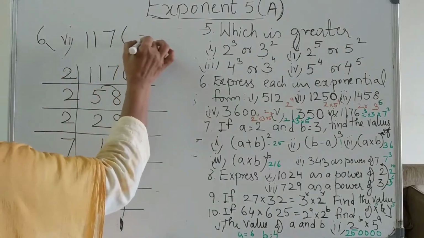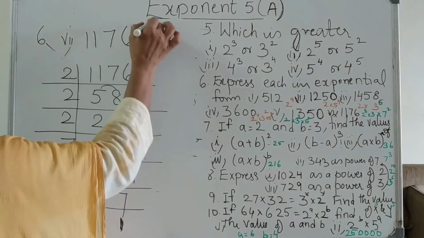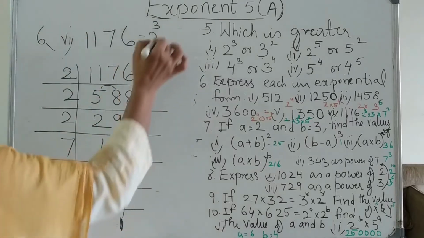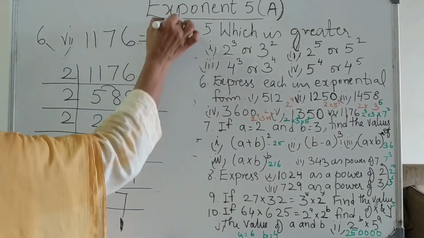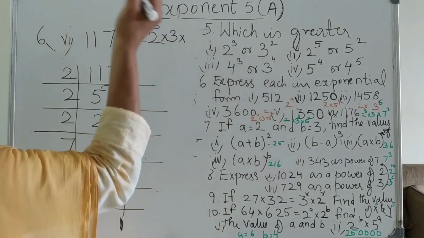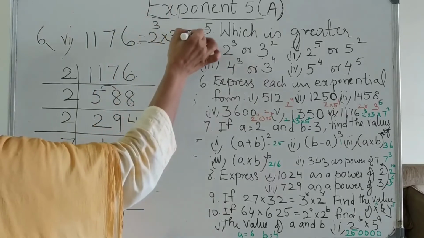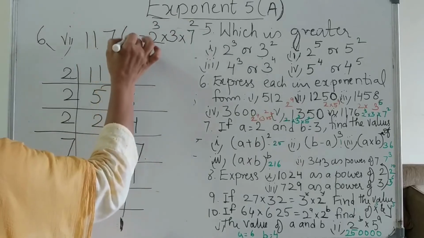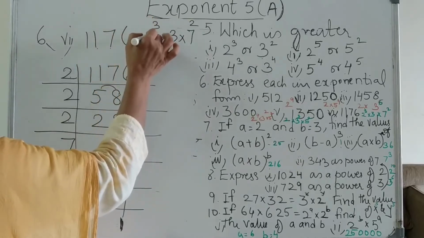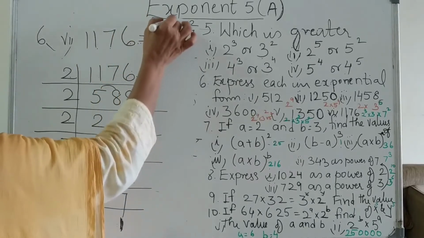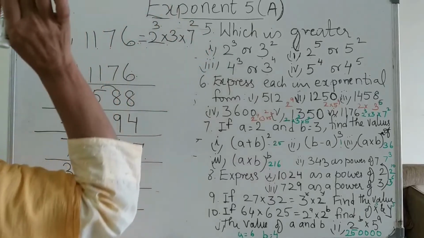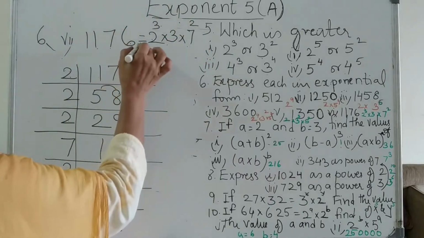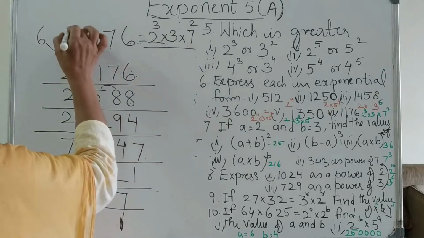So how are we going to write? 2 raised to 3 into 3. 3 is just raised to 1, you can write it or you will not write it. 7 how many times? 2. So 1176 in exponential form is 2 raised to 3, 3 raised to 1, and 7 raised to 2. So this is the answer for 6/6.